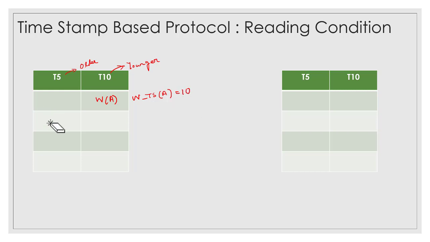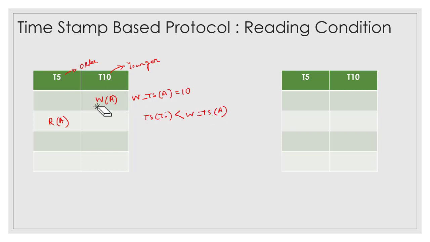Then we perform a read item. We are asking for a read operation on the data item A by the older transaction. In this case, the timestamp of transaction Ti is less than the write timestamp of the data item A.